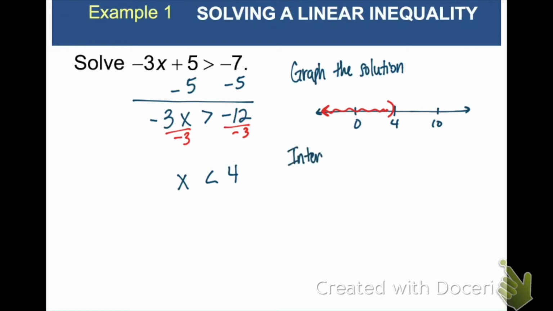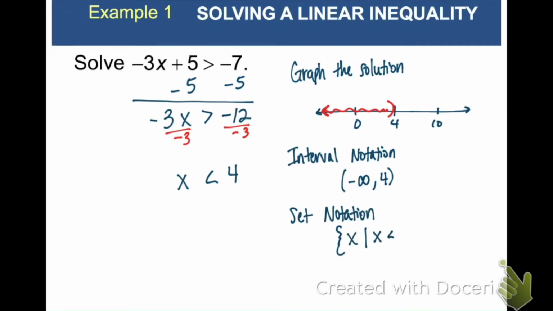Another way is we're going to use interval notation to express our answer. So we have negative infinity up to 4. Again, we have a parenthesis because we do not have an or equal to sign. And the last way is set notation. So x such that x is less than 4.